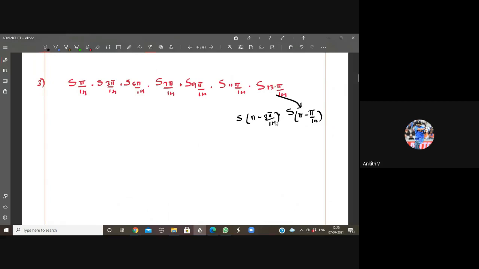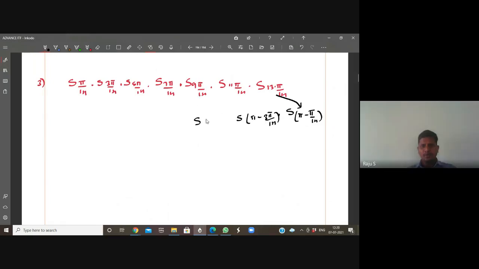Then 11 pi equals 3 pi, and 5 pi equals 9 pi. Shall I write 9 pi as pi minus 5 pi by 14? We can write now. So the remaining values as they are: sin pi by 14, sin 3 pi by 14, sin 5 pi by 14.